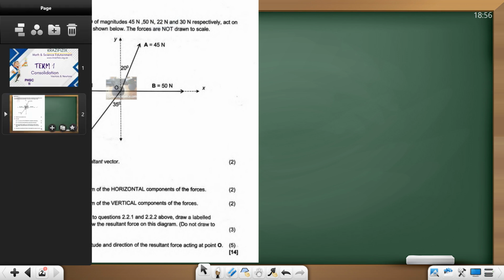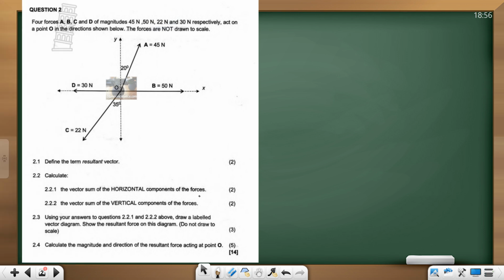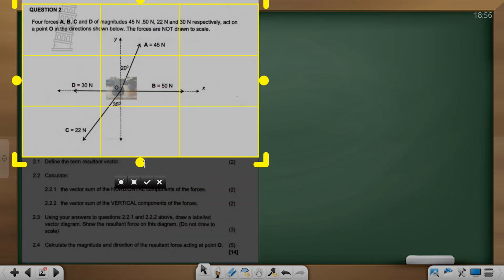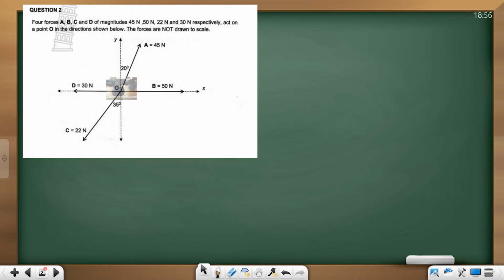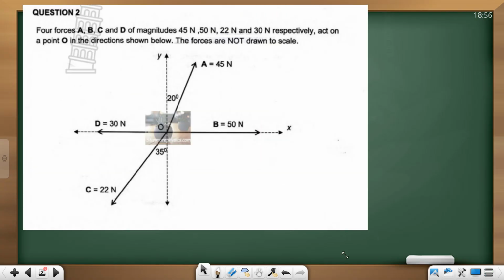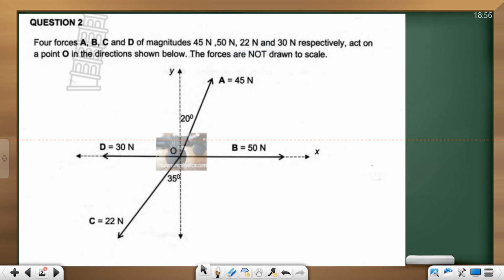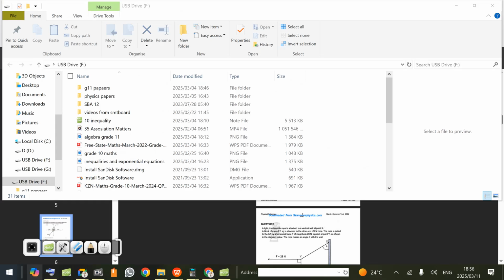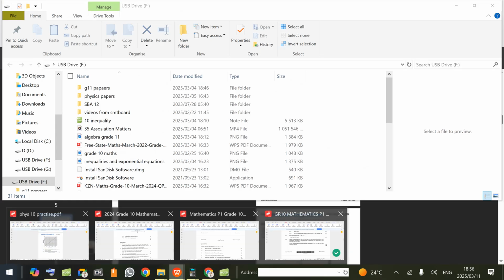Let me see if I can make this a bit bigger. Oh, I got it just now. All right, while I do that, four forces of magnitude 45, 50, 22, and 30 newtons, respectively, act on a point in the direction shown below. This picture is pixelating so much, it's hurting my eyes.